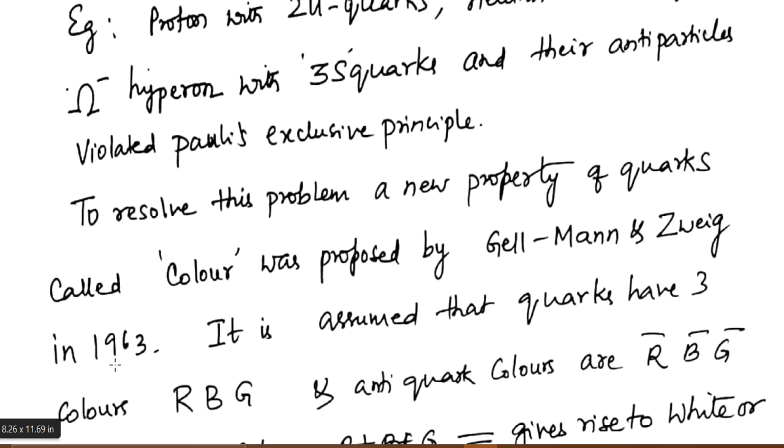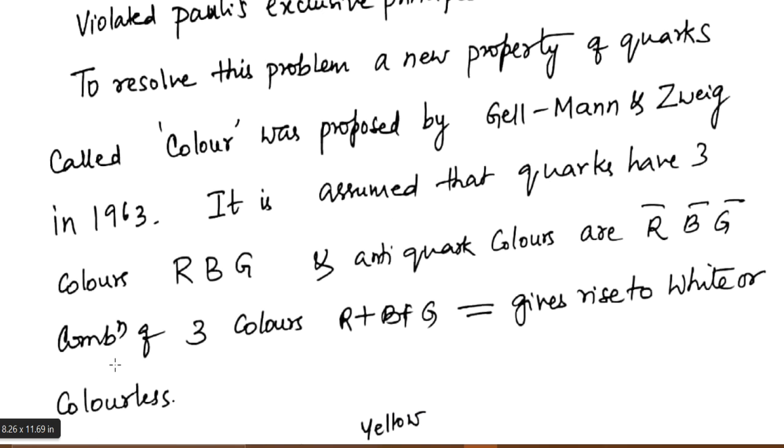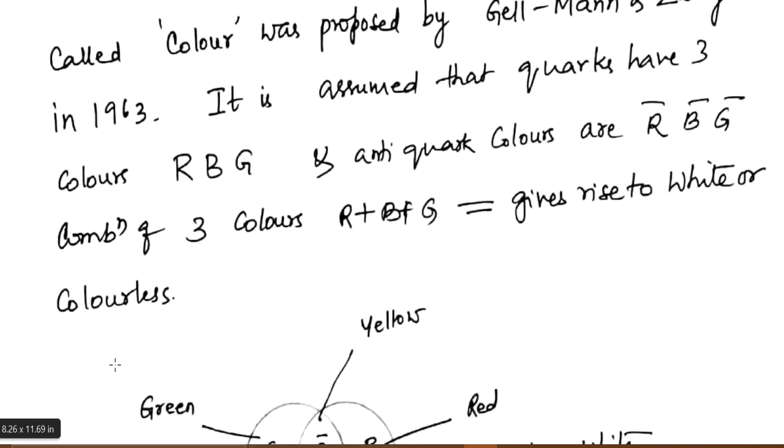To resolve this problem, a new property of quarks called color was proposed by Gell-Mann and Zweig in 1963. It is assumed that quarks have 3 colors: R, B, G, red, blue, green, and anti-quarks have colors R complement, B complement, and G complement. The combination of 3 colors R plus B plus G gives rise to white, or colorless, for the particle.